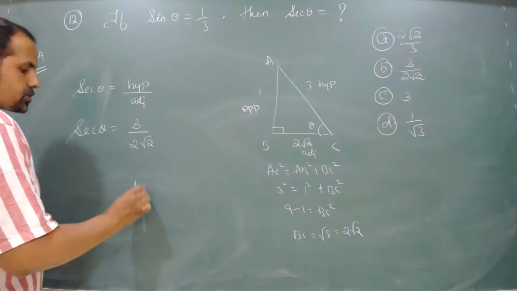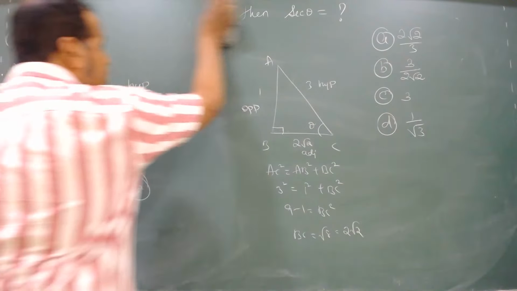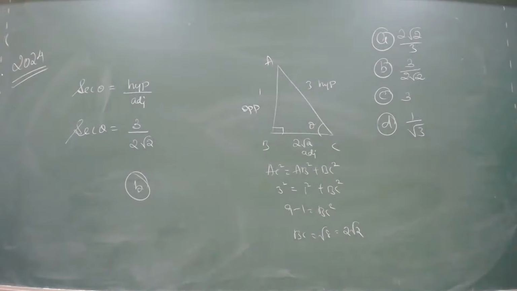So that would be your option, option B. The same problem can be done using an identity, but that will lead to confusion. Let us stick to what we have learned. An MCQ question. Okay, let me take the next one.